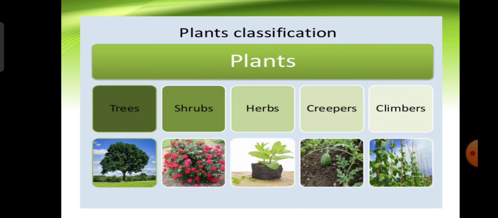Their features include bushy, hard and woody stems with many branches. Although stems are hard, they are flexible but not fragile. The lifespan of these plants usually depends on the species. Rose, jasmine, lemon, tulsi, henna are some of the shrubs.